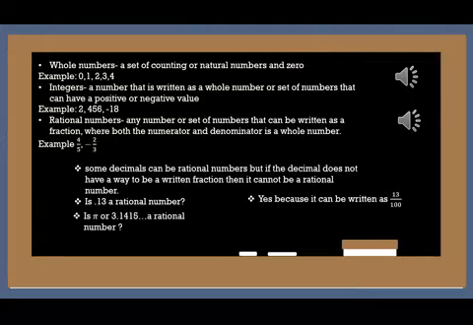Can anyone guess, is pi or 3.1415, etc. a rational number? Donovan? No, Ms. H, I don't think it's a rational number because it's always going, so there's no way of knowing it. Donovan, that is correct.